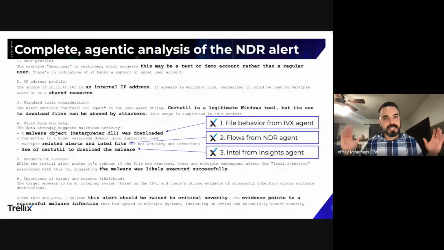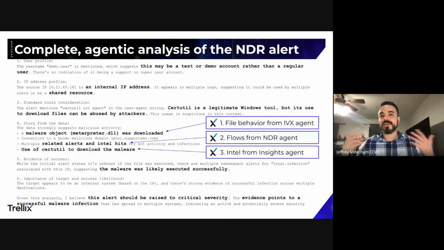Really together, these agents created a narrative. It wasn't just a signal or just an alert. It was actually a narrative. It identified that this certutil, a legitimate Windows tool, was actually used in a suspicious way. So the system likely executed the malware. It's internal, there's lateral movement.